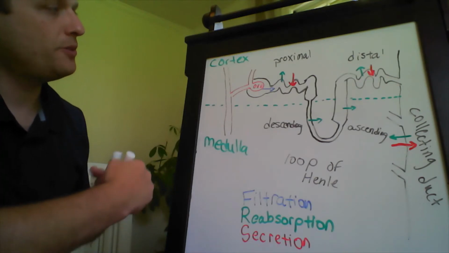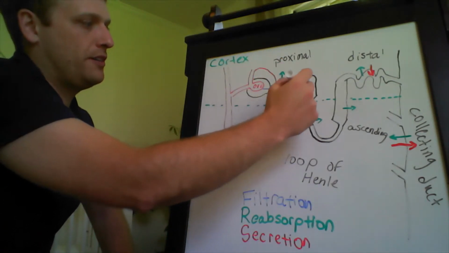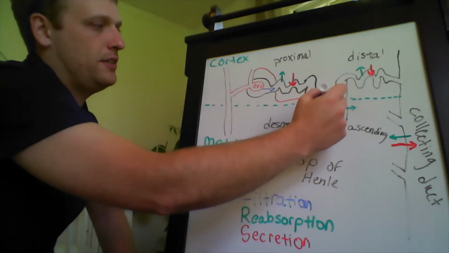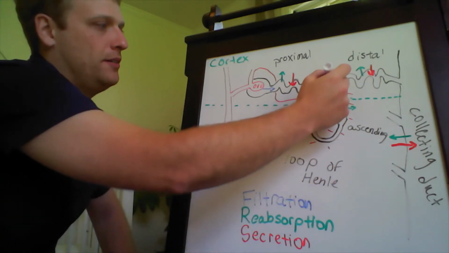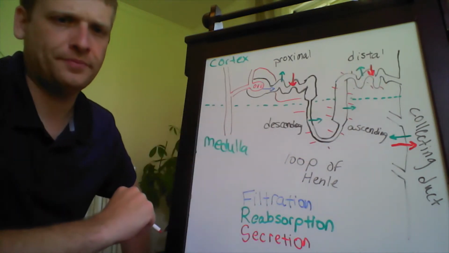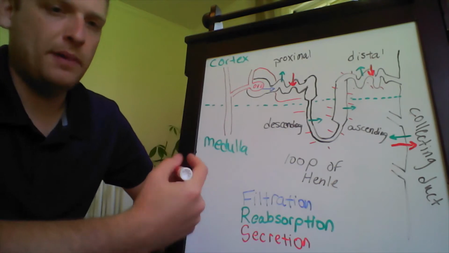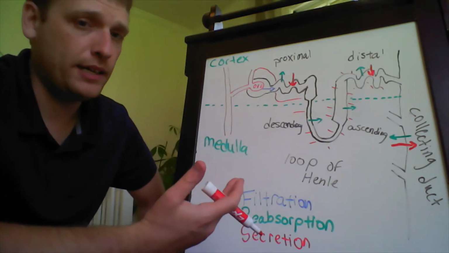And that's going to then transfer into a network of peritubular capillaries that are just going to surround. They're going to make basically a web around the nephron. So all around the nephron are these peritubular capillaries that are going to contain blood.